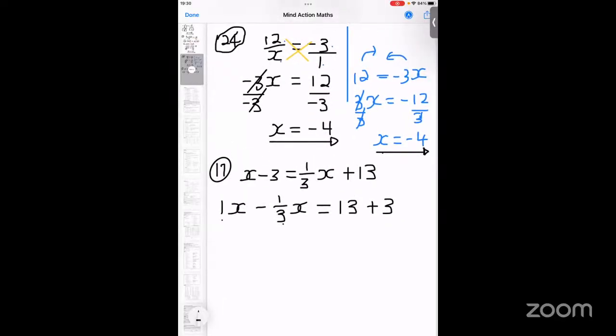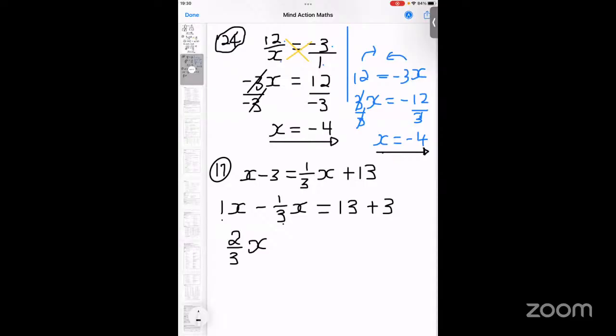Let's punch it on a calculator and say 1 minus 1/3. So 1 minus 1/3, it gives us, and let's see, 2/3. So it gives us 2/3x. So on a calculator, we punch the numbers, but you must just remember that it is the numbers for the x.